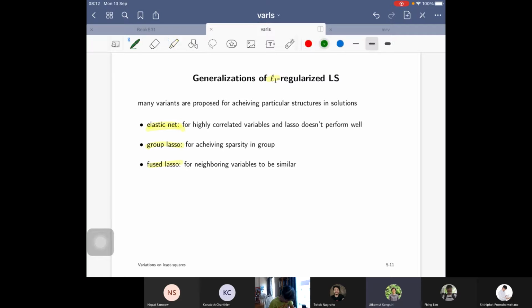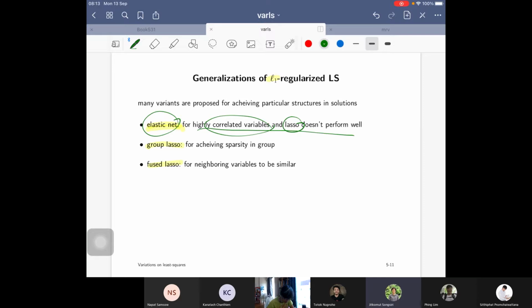Elastic net is going to be a combination of L1 and L2 norm. It will be used when there are some correlated variables in the regressor matrix, and in that case, the lasso or the L1 regularization doesn't perform well. So that's why we introduce another term, as we will see.